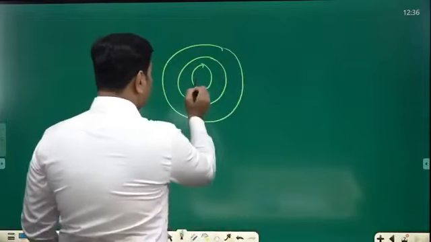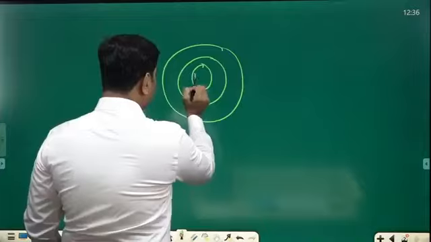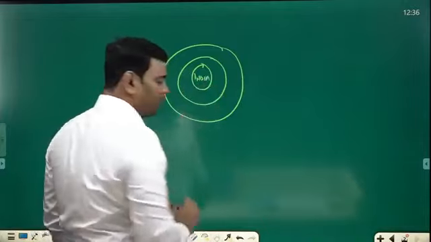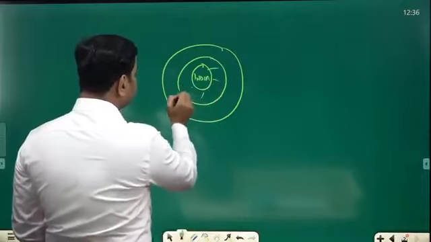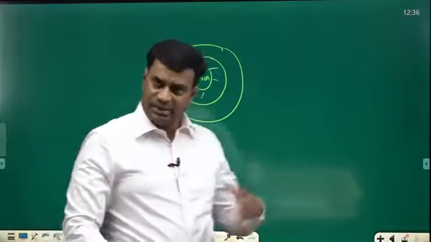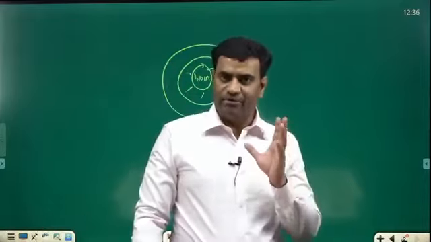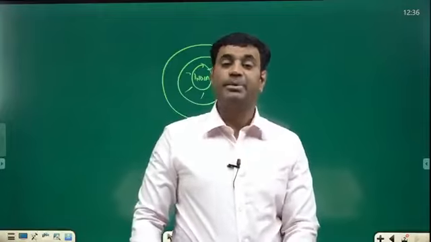Suppose for instance, here we have this country, that is India. First of all, India will look into safety and security in adjoining areas, meaning neighboring countries. So India first needs to deal with the neighboring countries.